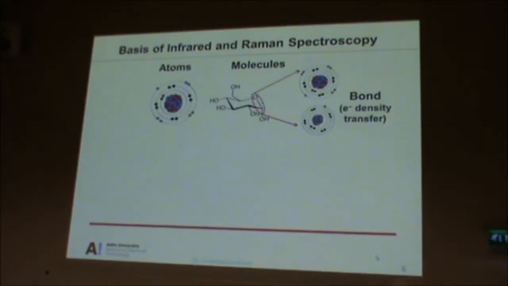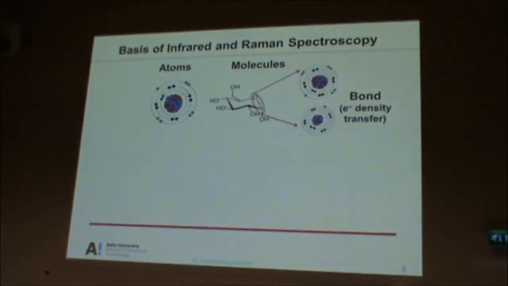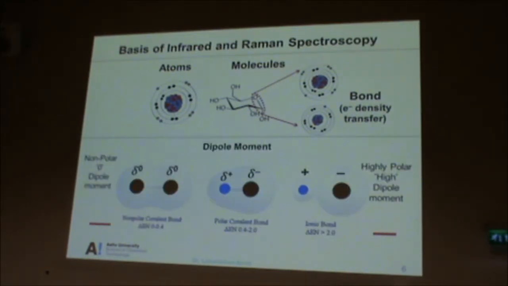I forgot what the molecule was. It's sodium chloride, okay, I remembered it right. So you have a sodium chloride molecule there, and the idea here is a bond is formed by sharing of electrons in the valence shell. The extent to which the electron density gets transferred between two atoms decides the dipole moment.